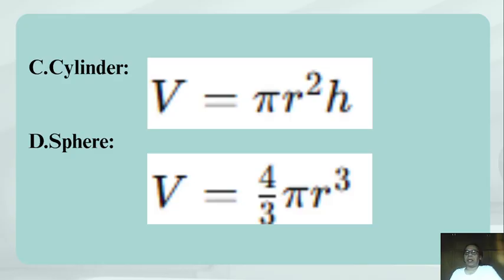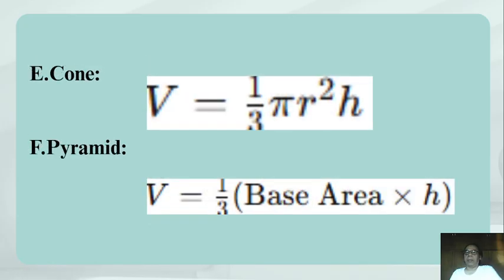For sphere, V is equal to 4 over 3 pi r cubed. For cone, the volume is 1/3 pi r squared h. For pyramid, V is equal to 1/3 the base area times the height.